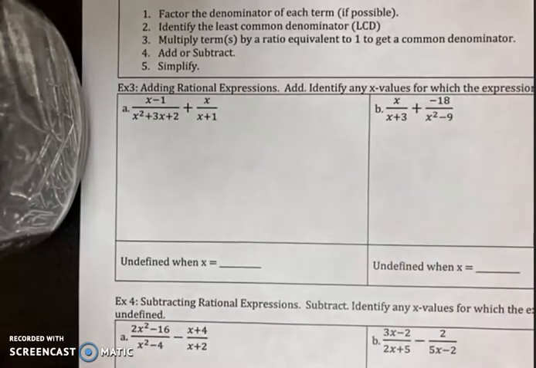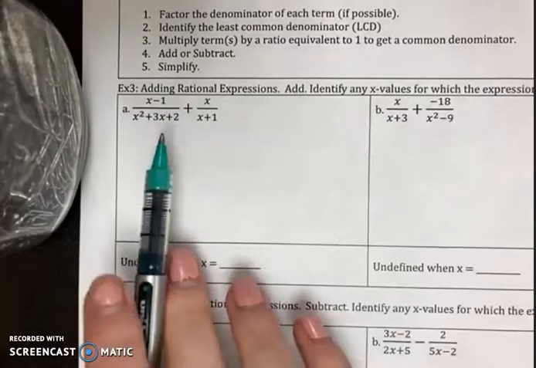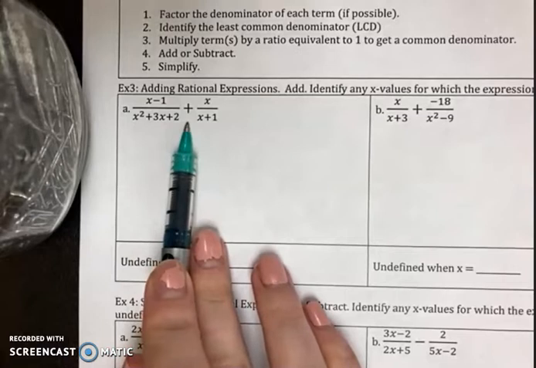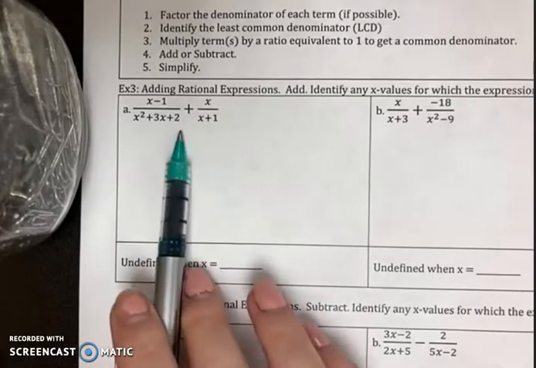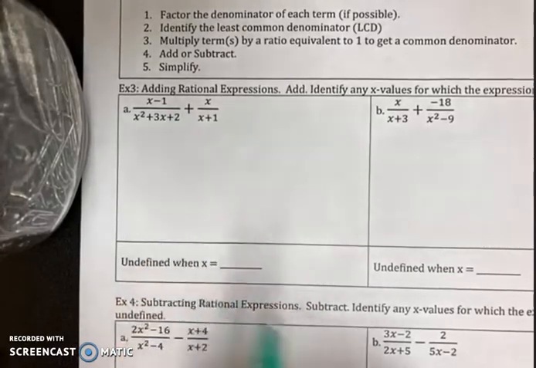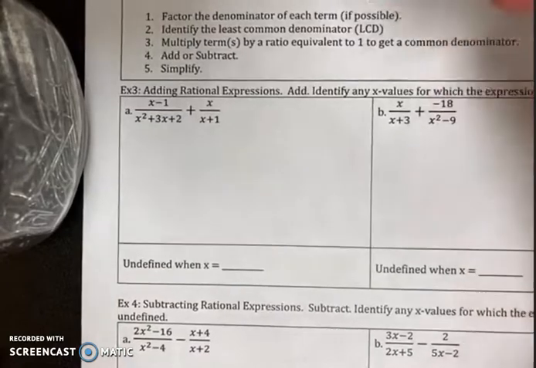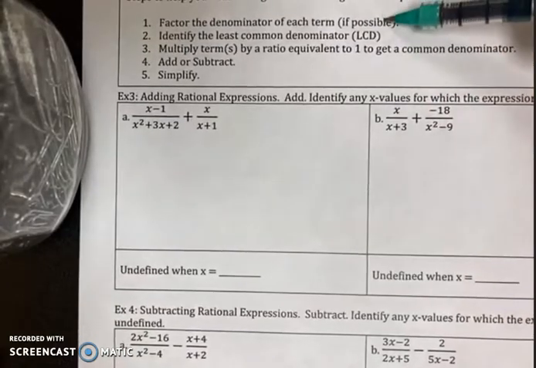We're going to start off with example 3, part A. I'm adding here, okay? So there's not going to be as many sign mistakes, I don't think, here. When we add, the first thing we would like to do is factor the denominator of each term if possible.